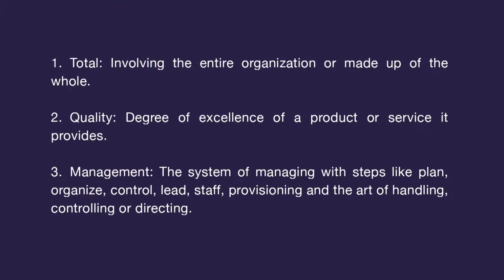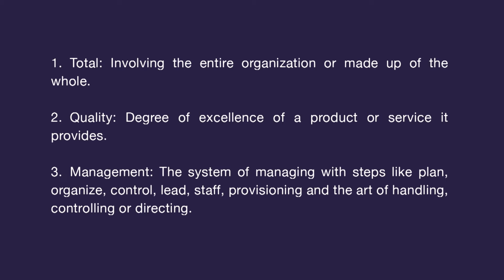Total quality management is comprised of 3 components. First is total, involving the entire organization or made up of the whole. Second is quality, the degree of excellence of a product or service it provides.